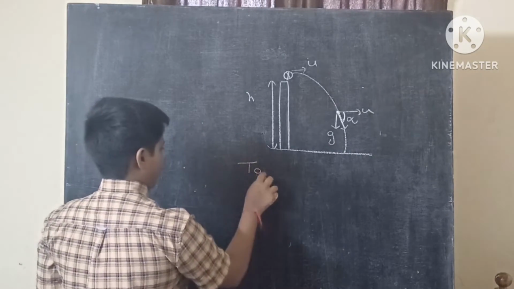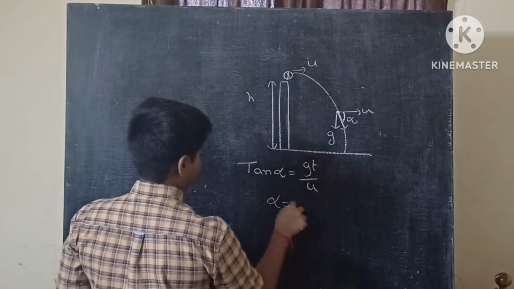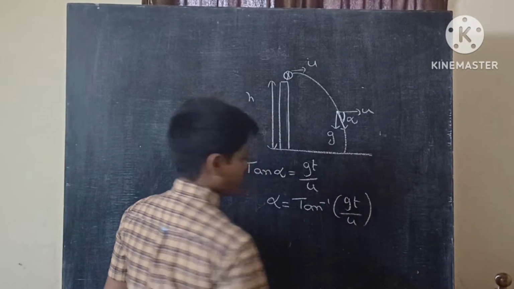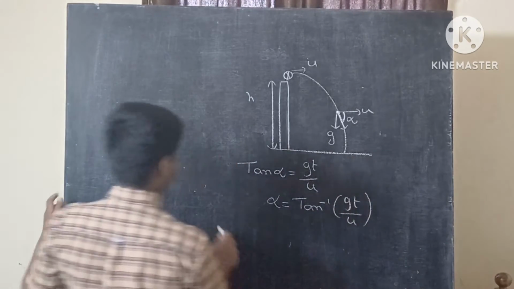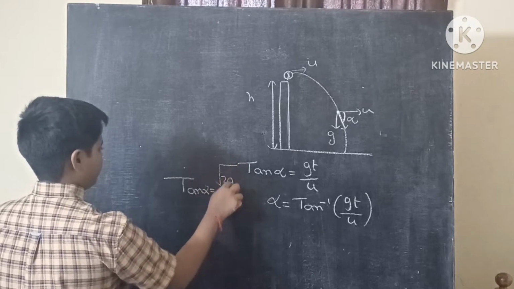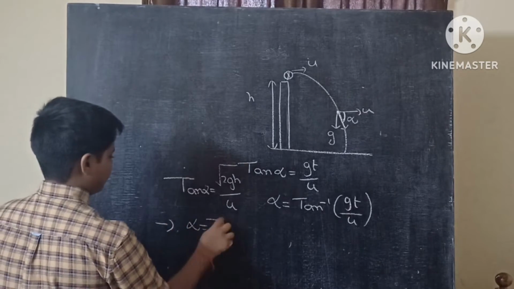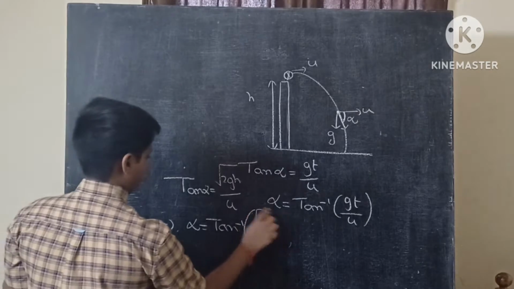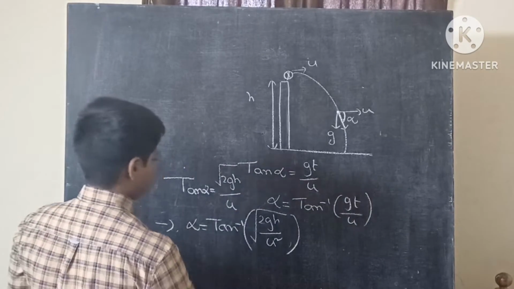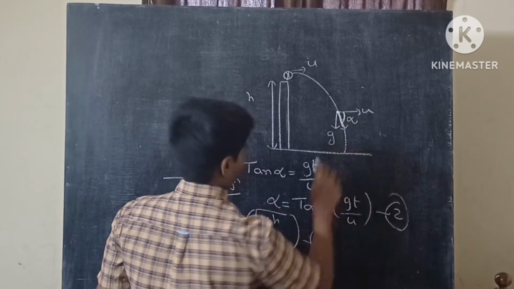Note down: tan alpha equals gt by u, which is nothing but alpha equals tan inverse of gt by u. Another formula: tan alpha equals root over 2gh by u, or alpha equals tan inverse of root over 2gh by u. These are the two formulas for finding the angle between this path and this path.